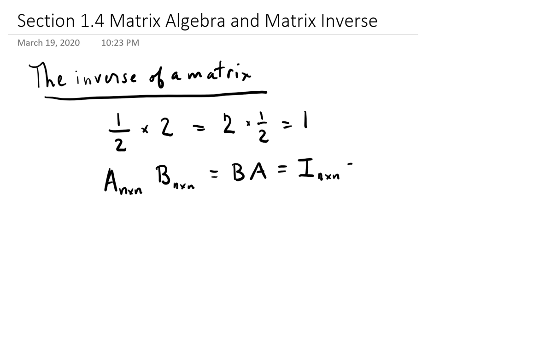So most of the time we write I, since the number of rows and columns are the same, as in only. So that's the matrix. If you'll remember from the other week, it's the matrix which has ones on the main diagonal and zeros elsewhere.